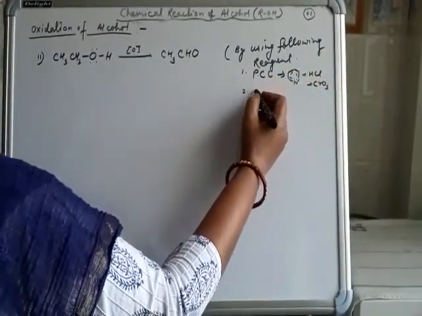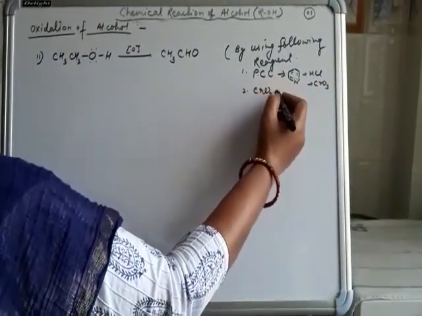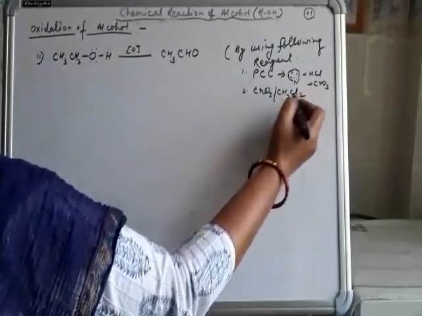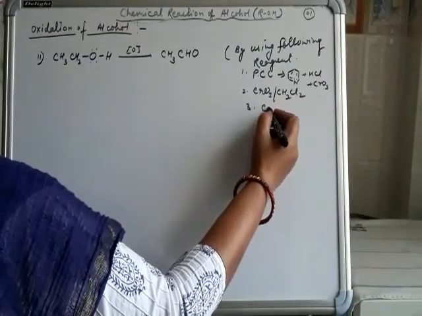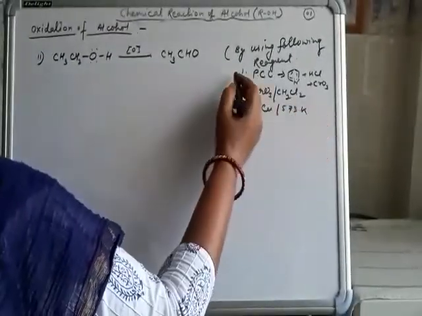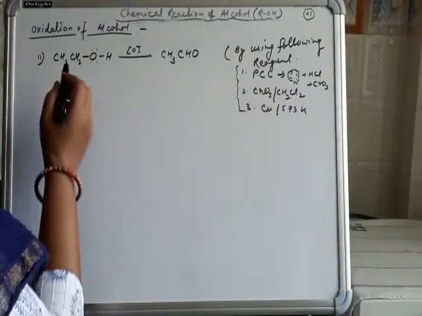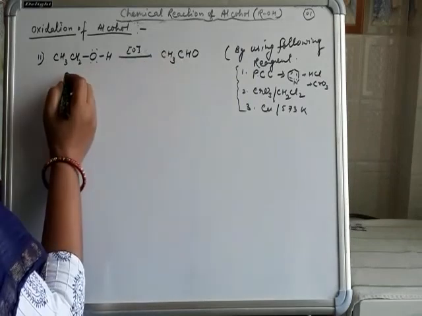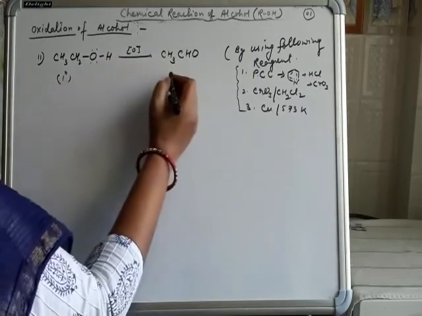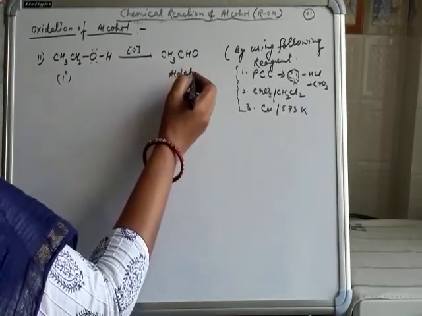Another is chromium trioxide in anhydrous medium. Copper at 573 Kelvin. These are the reagents which are used to convert 1 degree alcohol to aldehyde.